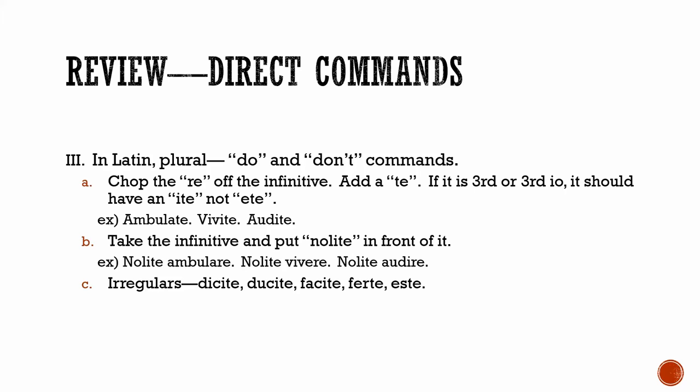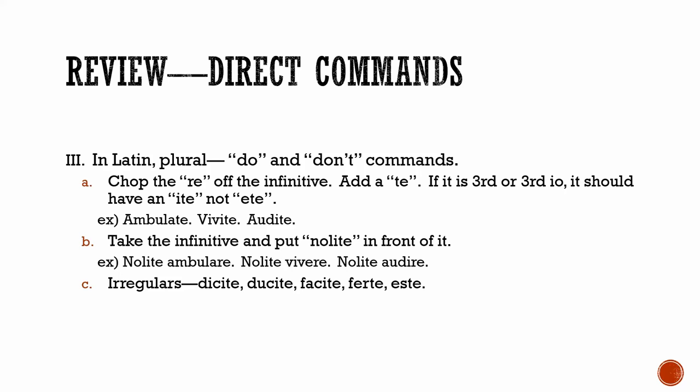The plurals for these do and don't commands. For the do's, you chop off the re of the infinitive and add a te, or you can think of it as changing the re to a te. If it is third or third io, though, you also have to make sure it has an ite and not an ete. So walk, to more than one person, is ambulate.